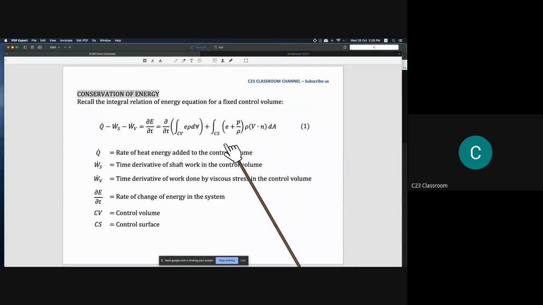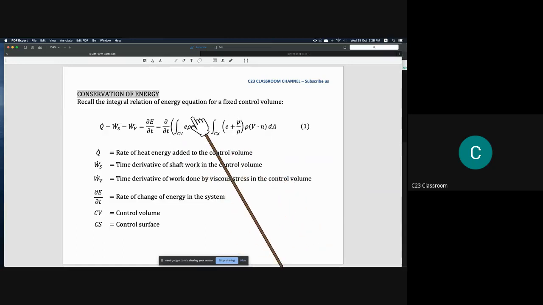So dE dt is the rate of change of energy in the system. This is about the energy that occurs in the control volume plus the changes of energy that occur in the control surface.